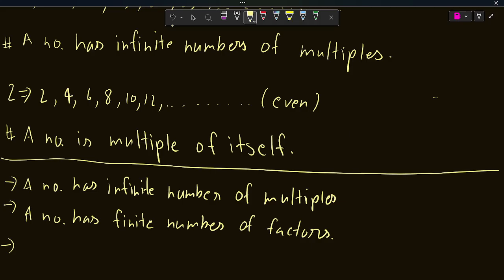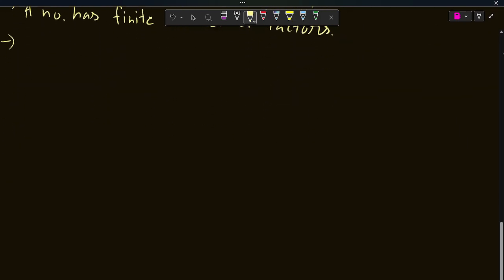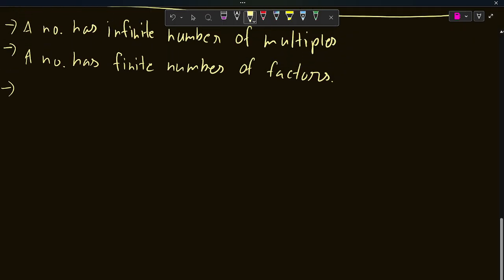And any number is the smallest multiple of itself. Suppose I talk about 12, then 12 is the smallest multiple of 12. After that you have 24 and after that you have 36.